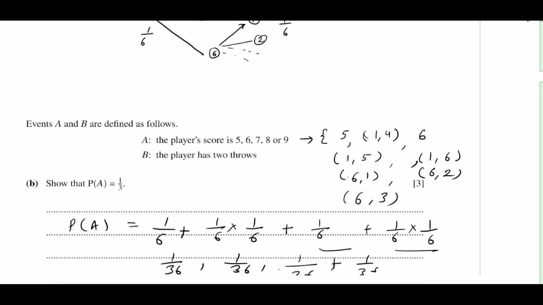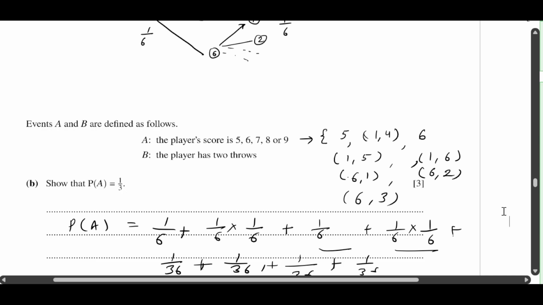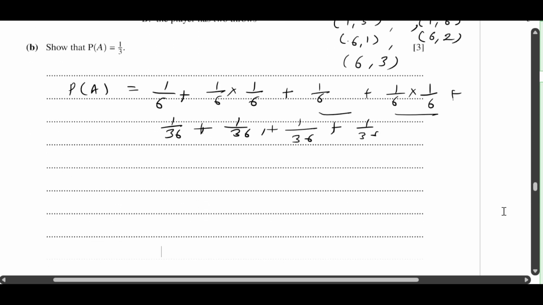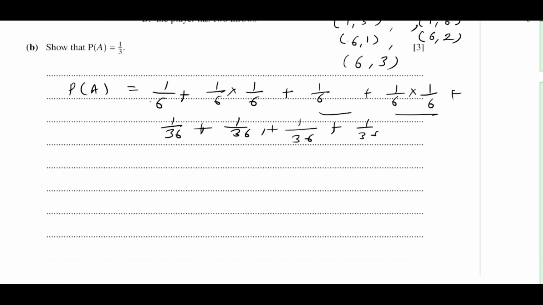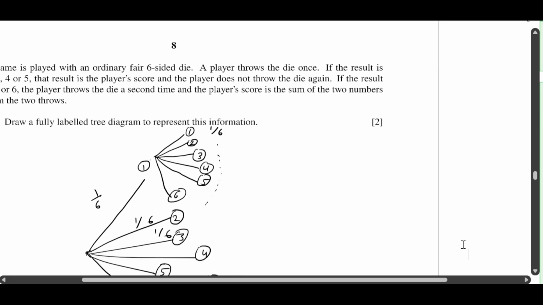Okay, I will add all of them, right? So I have to show that this is equal to 1 by 3. So now this calculation will be 1 by 6, 1 by 6 I got 2 times. 1 by 6 can be written as 6 divided by 36.